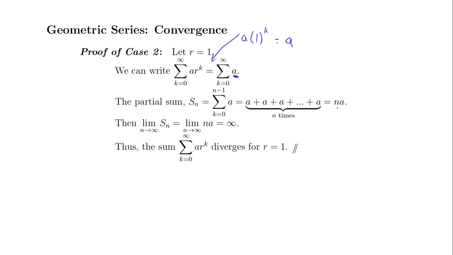So if our partial sum is just n a's added up, and n is going to infinity, hopefully it's easy for us to see that because a is non-zero, this is going to go to infinity. If you have an infinite number of non-zero things, that's going to go to infinity. Now, I guess we could say, well, maybe it goes to negative infinity, plus or minus infinity, depending on the sign of a.